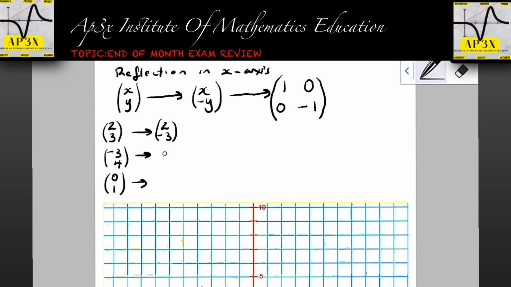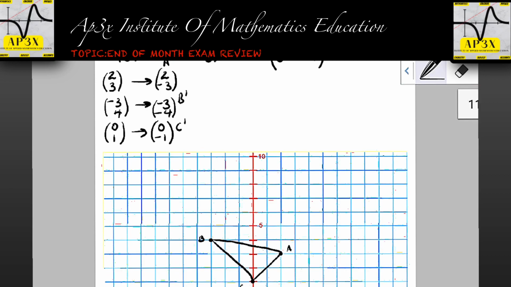Pardon me, the -3 is going to remain as -3 and the 4 is going to change to -4. And of course 0 is going to remain as 0 and 1 is going to change to -1. So these are our new points, A prime, B prime, and C prime. These points are the points of the image after it has been reflected in the x-axis.